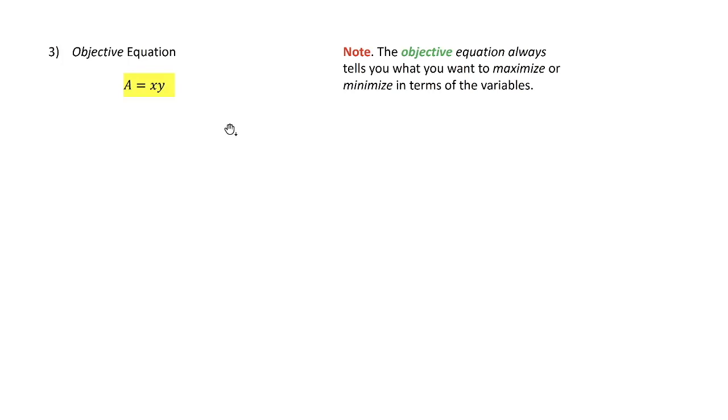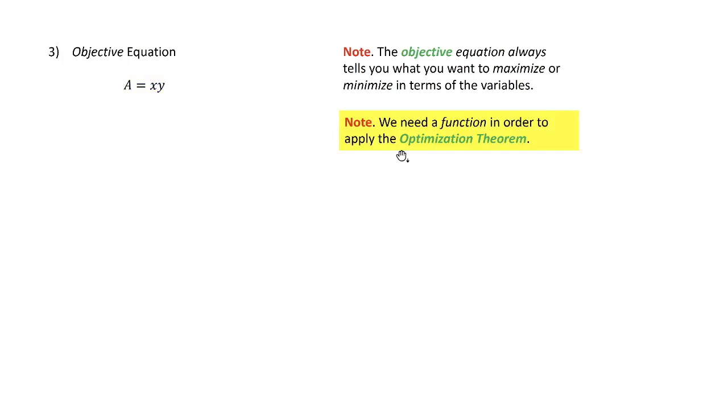All right, but I need a function. Calculus is about functions, and this is Calc 1, so it's a function of a single variable. So how am I going to get this to a single variable? Notice with the chain rule and related rates, we had the same thing.